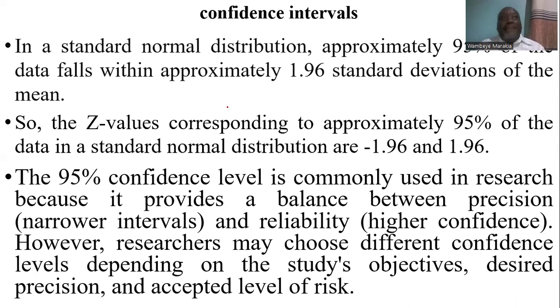For example, a researcher might decide to use a 90% confidence level. It depends on the study objectives, desired precision, and acceptable level of risk in the study a researcher is carrying out.